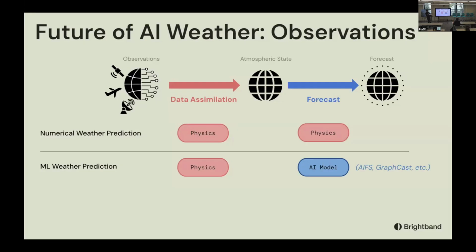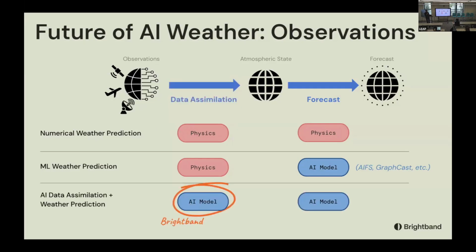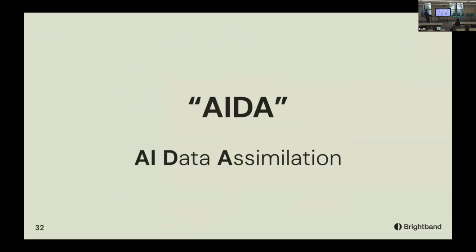But the data assimilation step, which ironically is the most machine learning-esque of the system because it is going from observations to a latent atmospheric state, which is unobserved, is still being done in so-called traditional ways. So it's natural for us to want to tackle this problem, and there's good reason for it. It's not an easy problem, which we knew going in, and we're discovering how complex it truly is. But that's our big bet, and that's what we're working on.